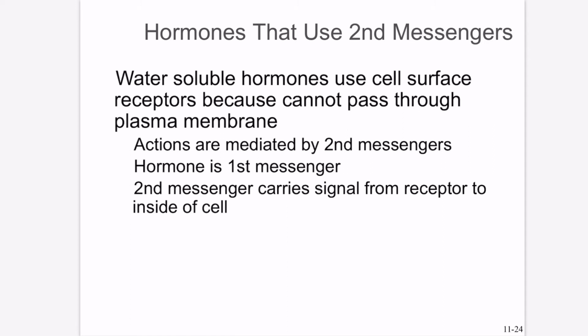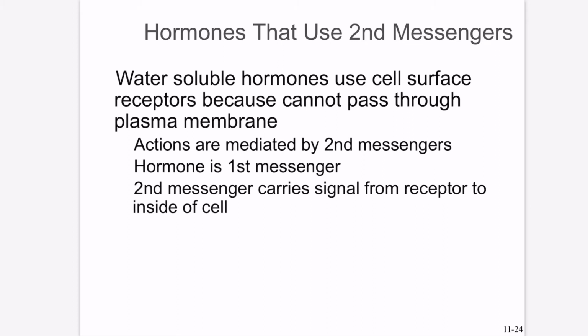So some of our amines, our polypeptides and proteins, and our glycoproteins could possibly be hydrophilic. And because these are hydrophilic, they cannot pass through that phospholipid bilayer of the plasma membrane. And so they will have to have surface receptors on the cell.